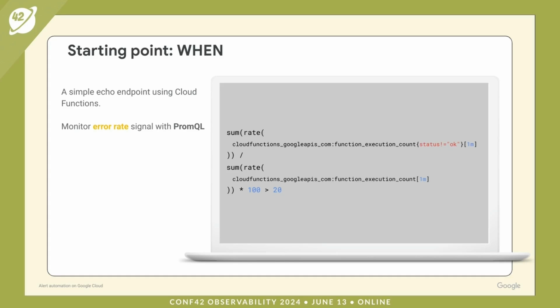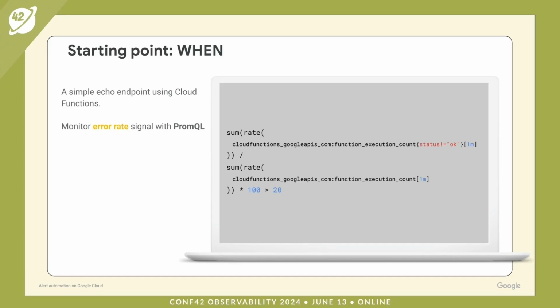If you are not familiar with both these languages, you will have to take my word for what this query does. The condition uses the predefined metric of Cloud Functions that counts function executions. This metric has a label status, which gets a value OK each time a function is executed with HTTP status in the range 200 to 299.